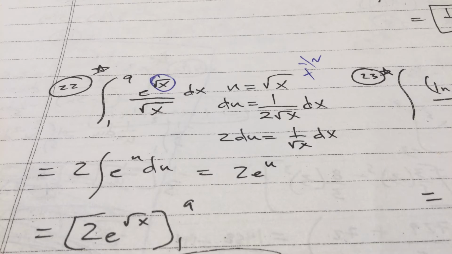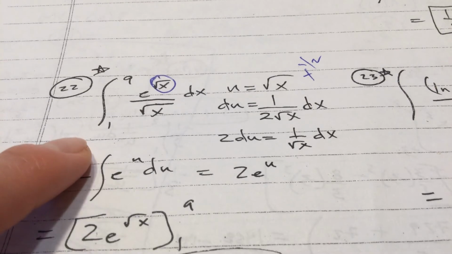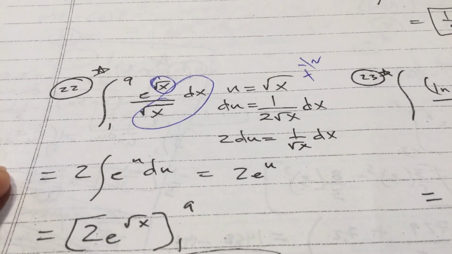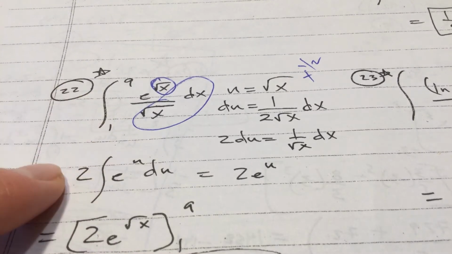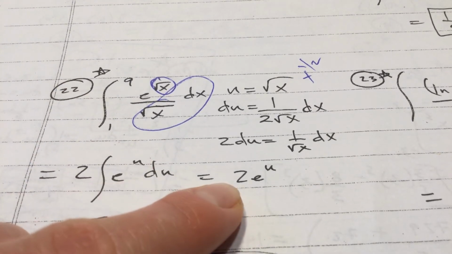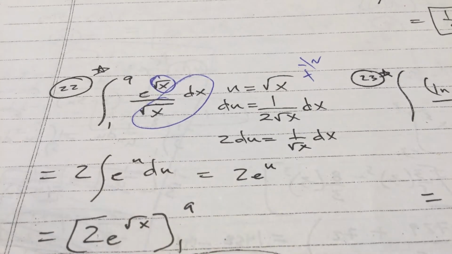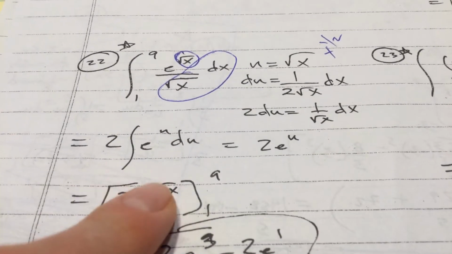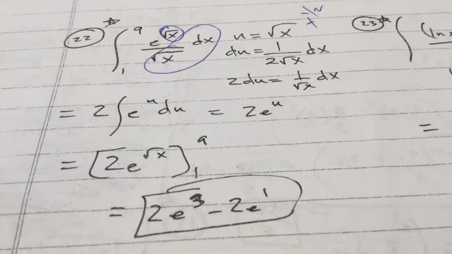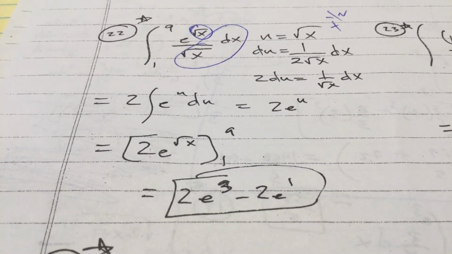I only want 1 over root x dx, so I multiply both sides by 2. That would be 1/2 of du, so I have to put a 2 on the outside, so it'd be 2 e to the u du. The antiderivative is still 2 e to the u. Plug in root x for u, and plug in 9, plug in 1. That one is not too bad.